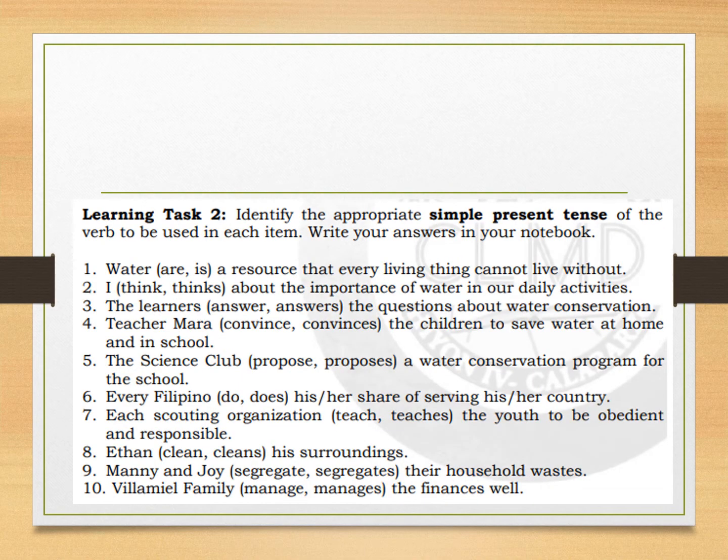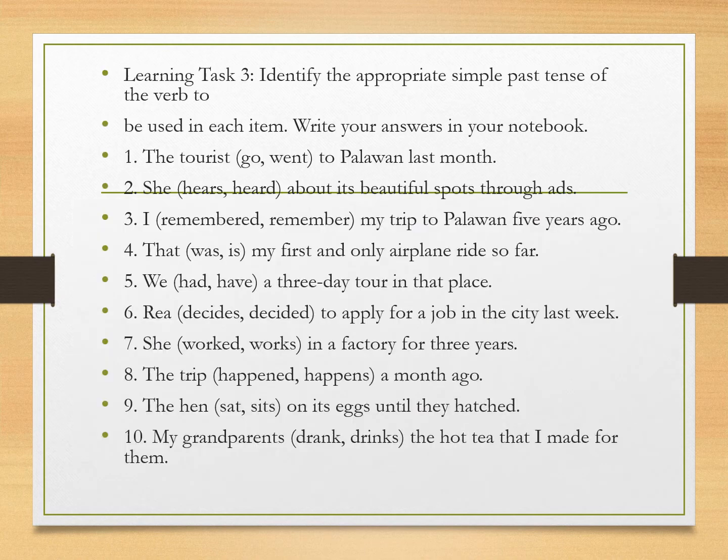Now let's move on to the learning task. Identify the appropriate simple present tense of the verb to be used in each item. Write your answers in your notebook. For learning task 3, identify the appropriate simple past tense of the verb to be used in each item.